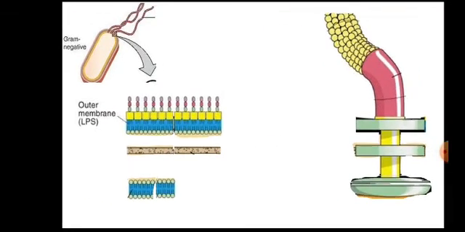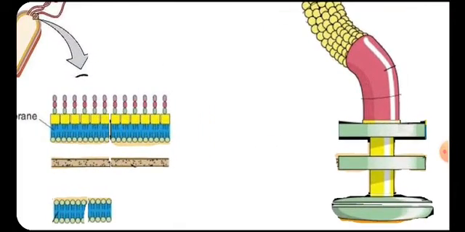So we can see here the structure of flagellum consists of three parts: filament, hook, and basal body.